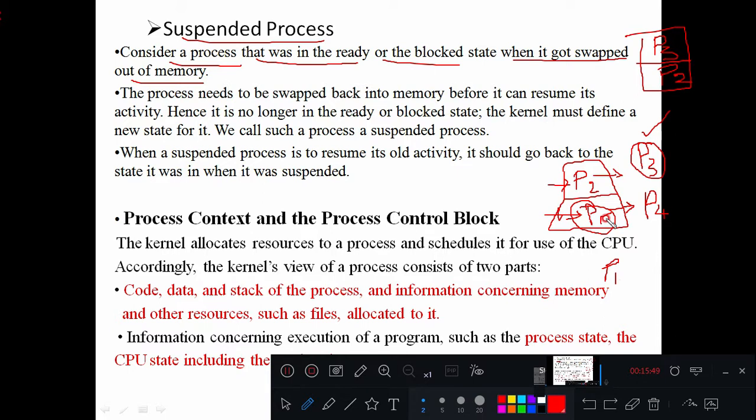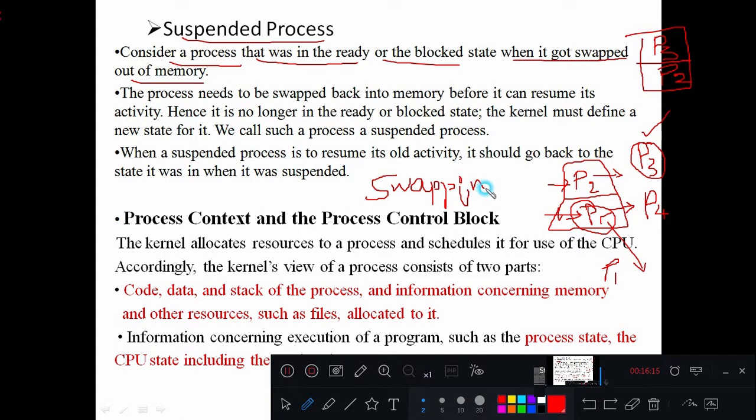In such a case, the process P1 is called a suspended process. The process of temporarily taking processes out of the memory and storing them in a secondary memory is called the swapping out of processes.